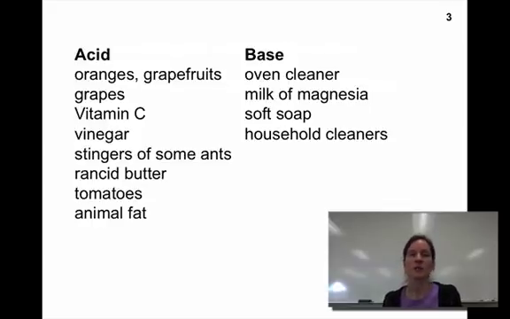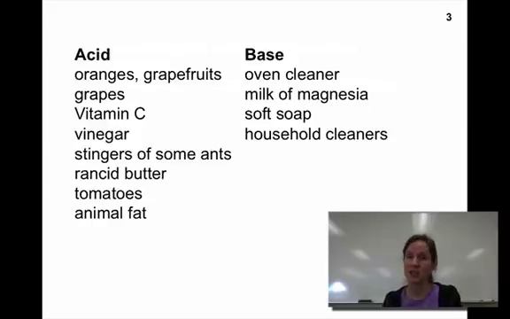So for your acids, we've got most fruits, oranges, grapefruit, grapes, red bell peppers are acidic. Vitamin C is an acid, vinegar is an acid. A lot of food type items we see listed under acids. For bases, you're less used to what could be basic.